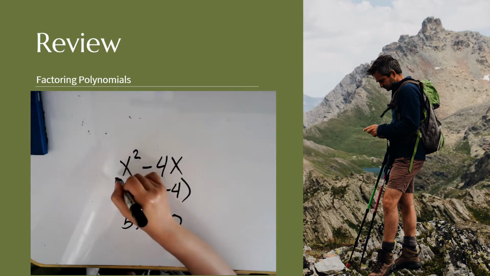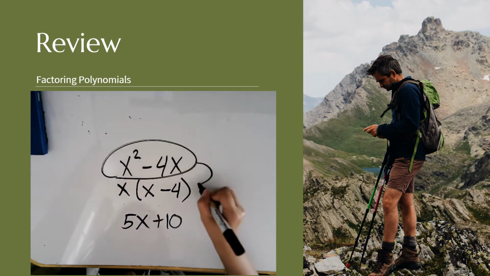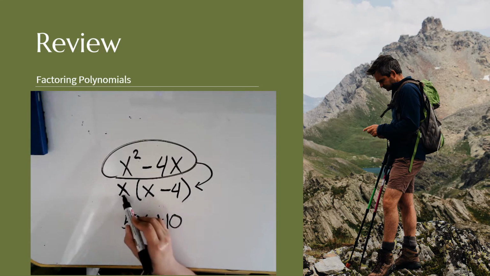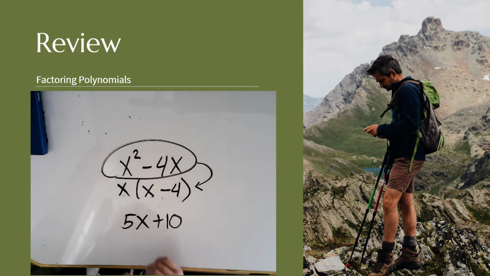So this expression is equivalent to this one, which is already factored. When you distribute x, you bring it back: x times x is x squared, and x times negative 4 is negative 4x. So we are just factoring these expressions.